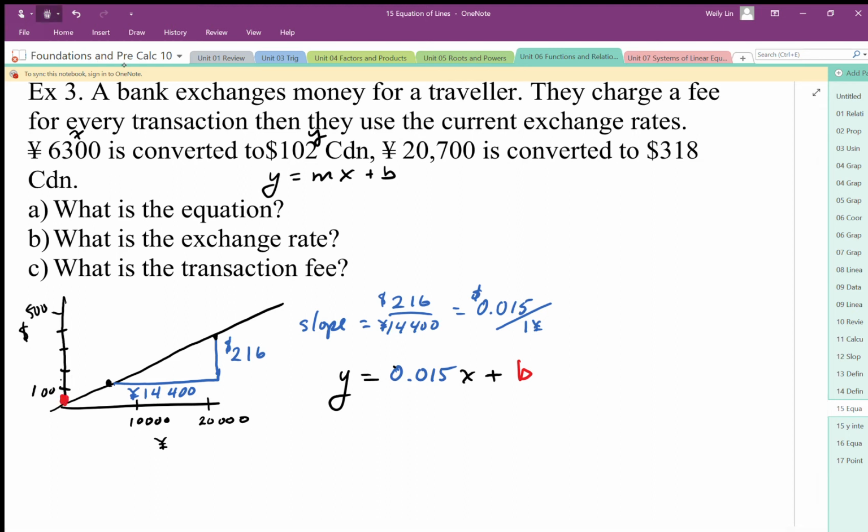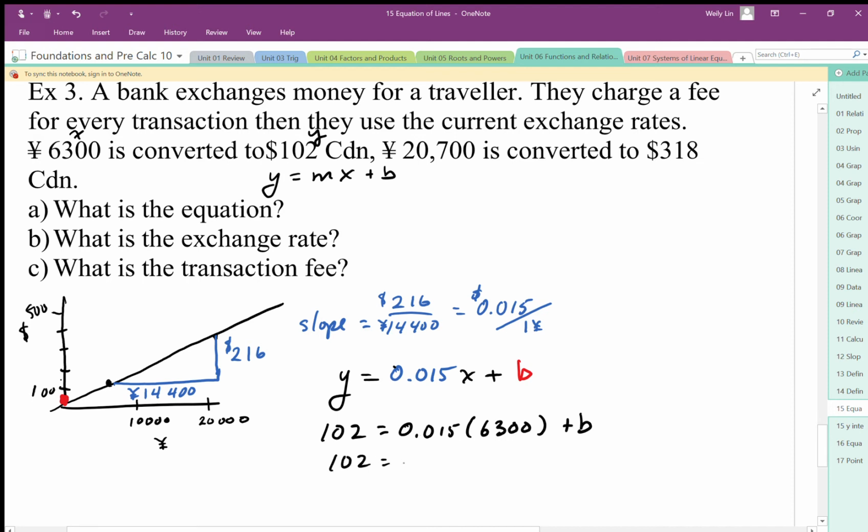So to calculate our b, we plug in an x and y pair. So I'm going to plug in $102 for Canadian dollars, and that goes with 6,300 yen. That leaves me with just b to solve for. So I'm going to multiply 0.015 by 6,300.